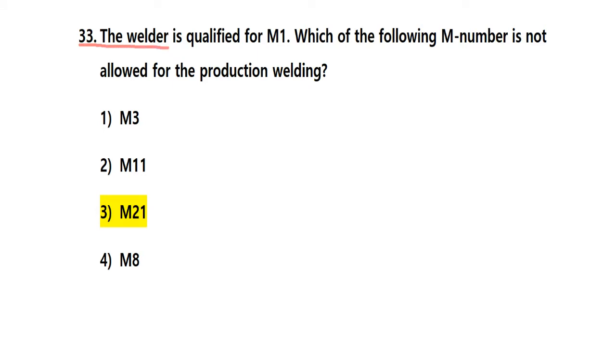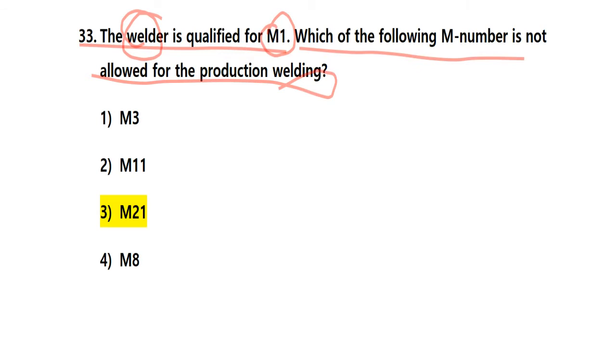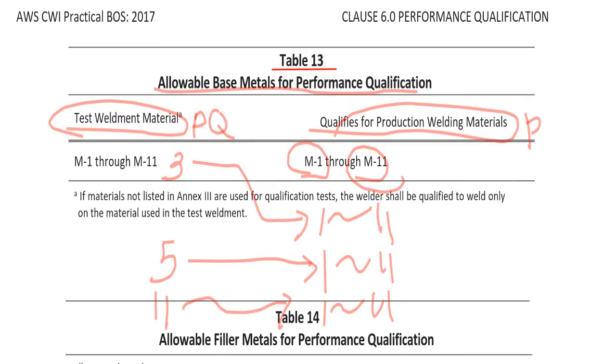The welder is qualified for M1. Which of the following M numbers is not allowed for production welding? Welder is chapter 6 and M number 1. So the welder used M number 1. Then which of the following M numbers is not allowed for that welder? When he or she is welding, M number 1, like here, M number 1 qualifies M number 1 through 11.